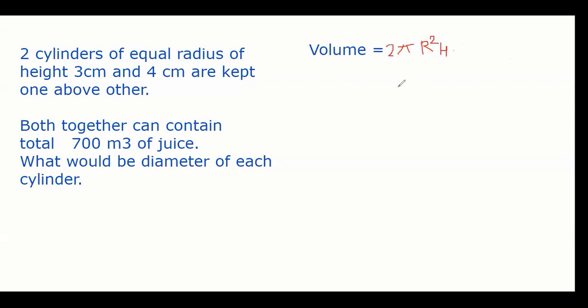Because we have different heights, we write it separately, or we can combine them together as one cylinder. If we combine them, then we take pi r square out as common, and then h1 plus h2, so that is 12.